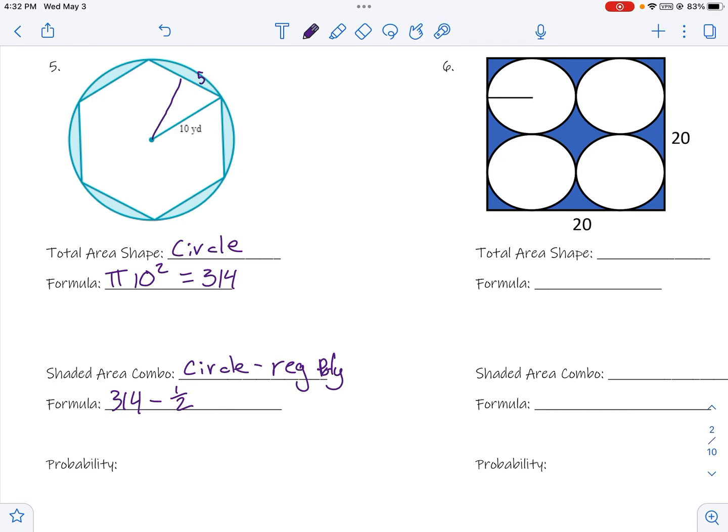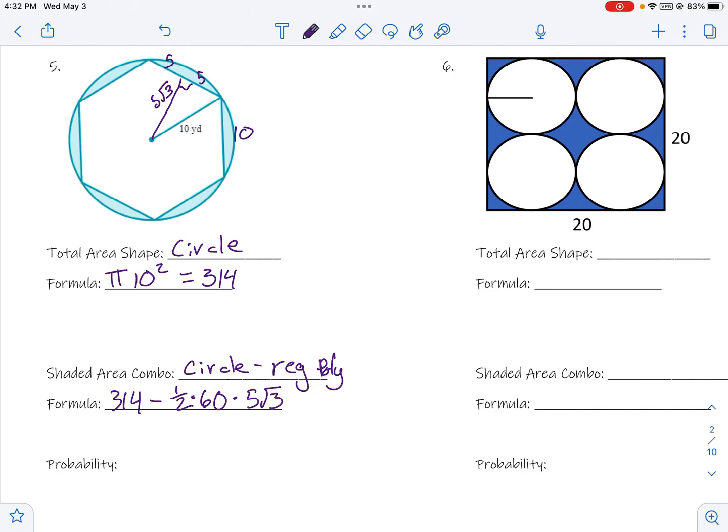So if that's 10, this is 5 with my 30, 60, 90 triangle, which means this is 5 root 3. So 1/2 my perimeter would be 60, I believe. If that's 5, this is 5. Each side would be 10. So that would be 60 for my perimeter. And my apothem would be 5 root 3. I'm gonna type that into my calculator now.